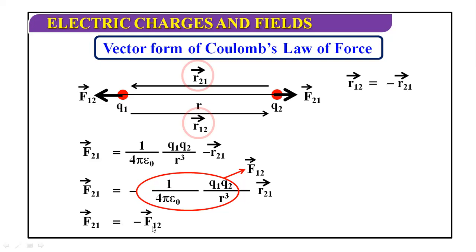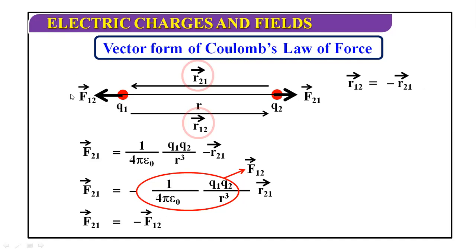So we can say, in Coulomb law in vector form, that the force on 2 due to 1 is equal to minus F12. It means both the charges are static charges, they have fixed position vectors R12 and R21 in opposite directions, and due to this alignment of the position vectors we get these two forces in opposite directions.